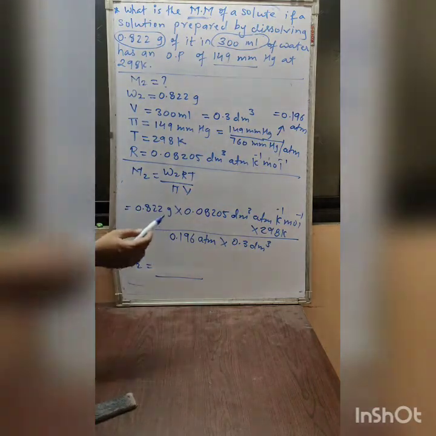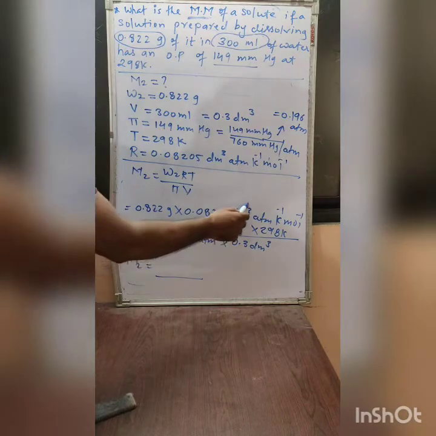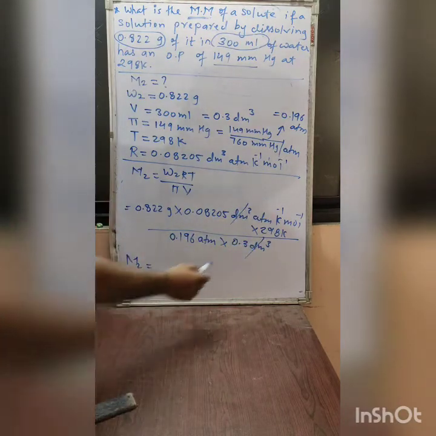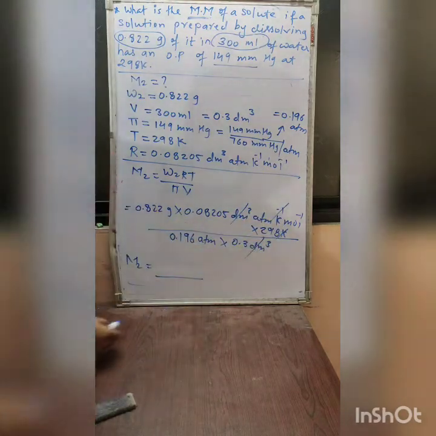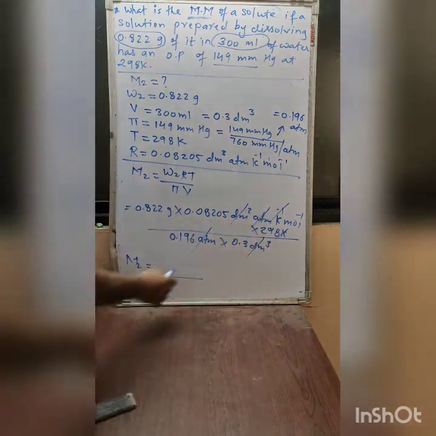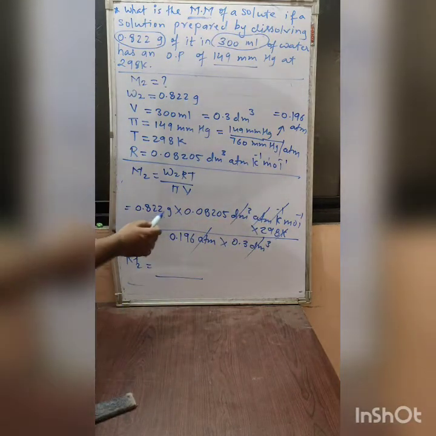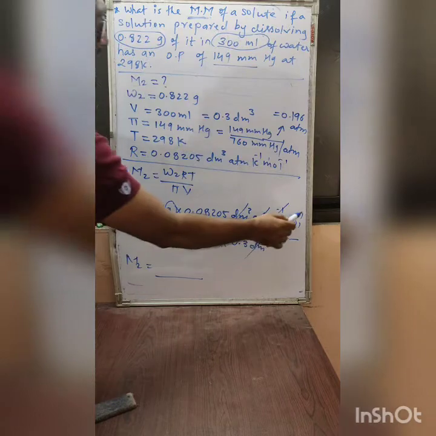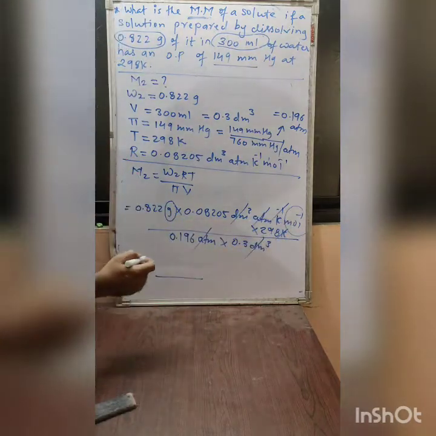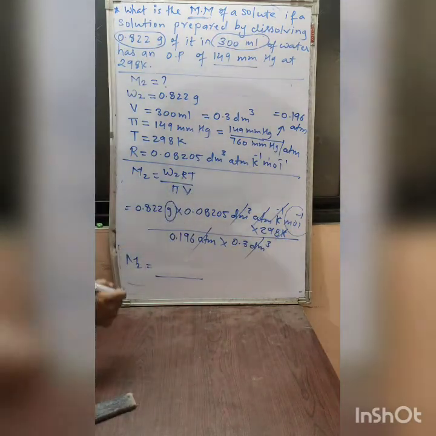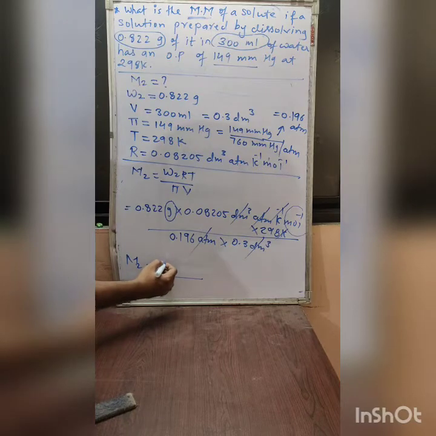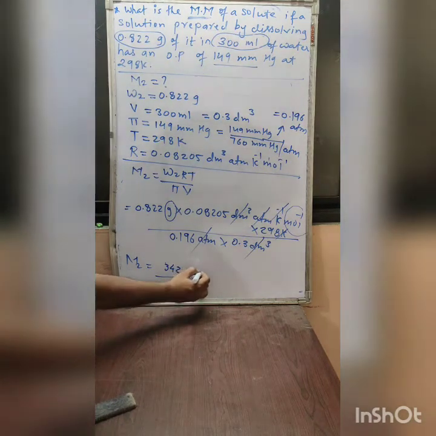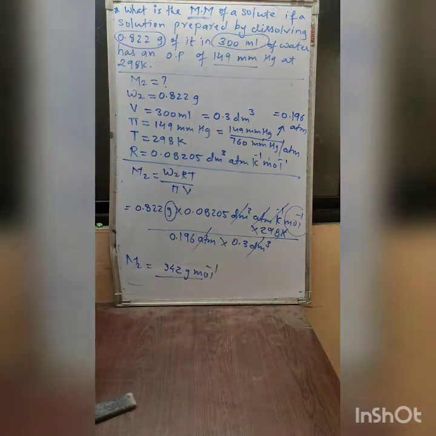Now which units cancel? dm cube will cancel, Kelvin will cancel, atmosphere will cancel. What remains is gram per mole. After calculating this, we get the answer, 342 gram per mole.